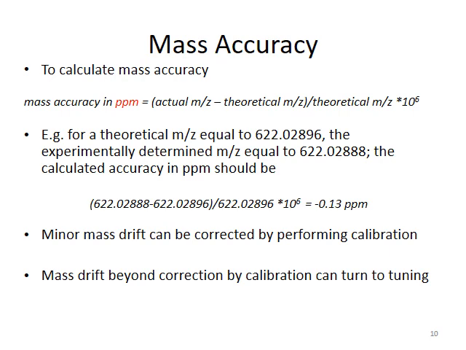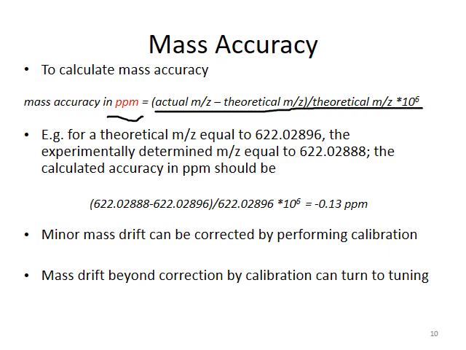In QTOF, mass accuracy is very important. That is why people in the first place choose TOF over quadrupole. In QTOF, mass accuracy is expressed in units of parts per million, ppm. Calculation of mass accuracy is done using the following equation.